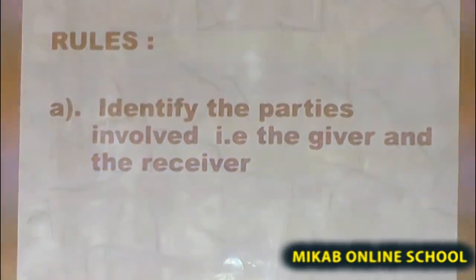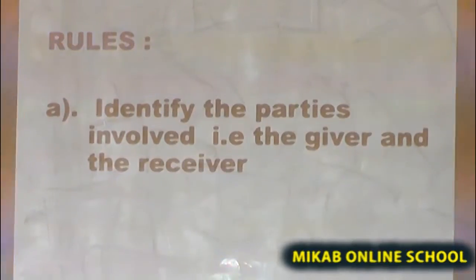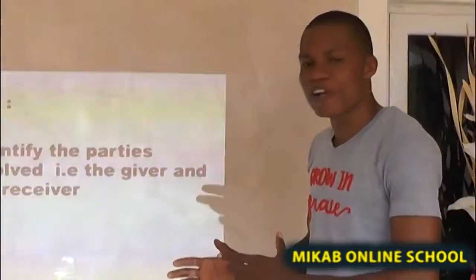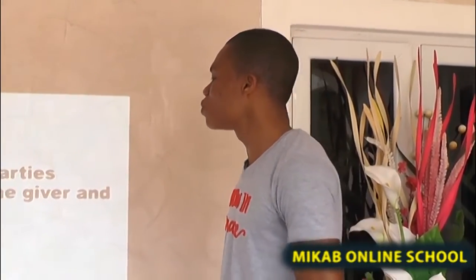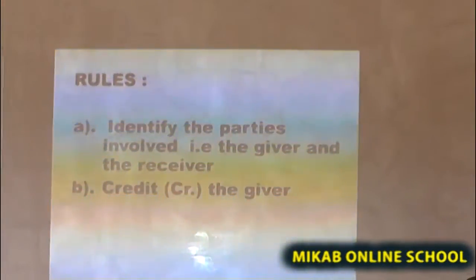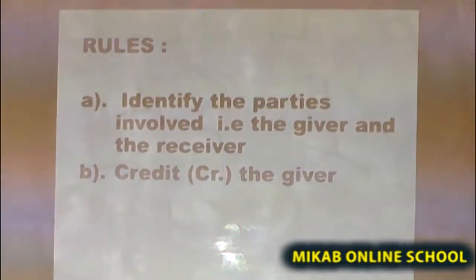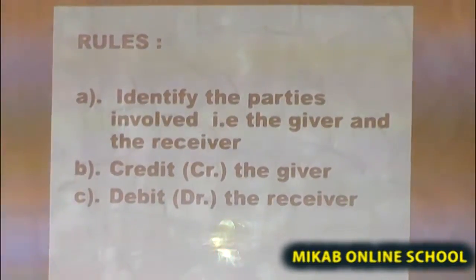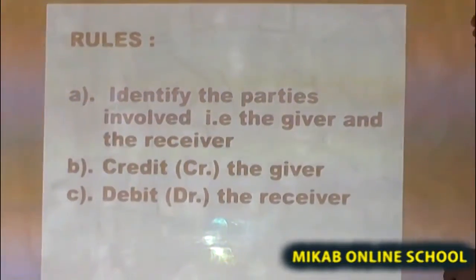In all transactions, you agree with me that there is someone giving and another party receiving. You need to first identify these two parties, differentiate them from each other so that you can start posting. The second rule is to credit the giver, and the third is that the receiver should be debited.